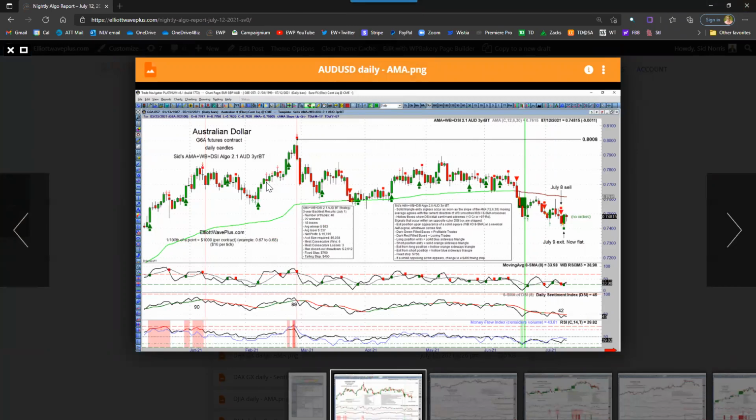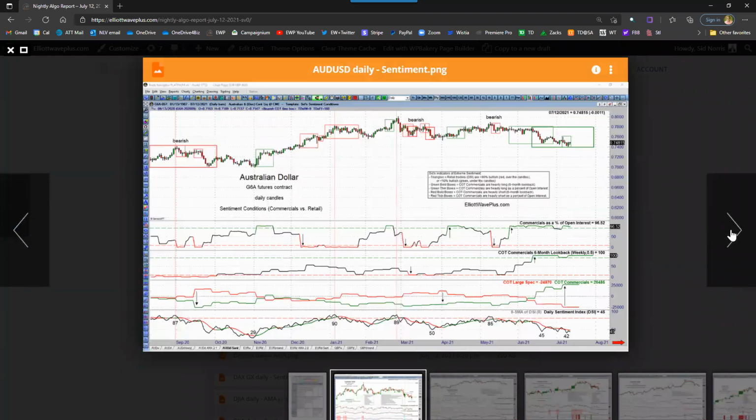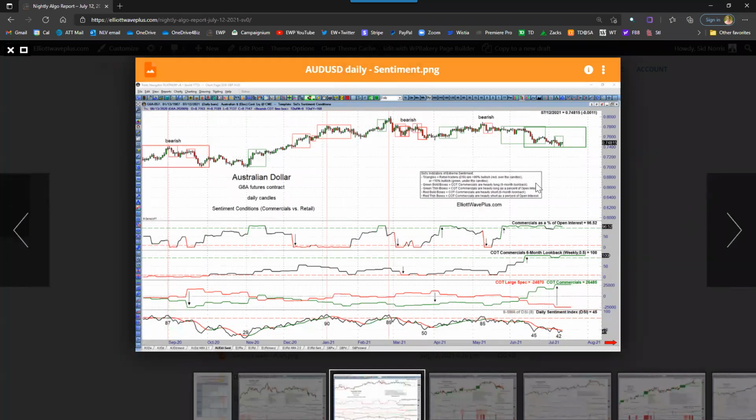And they also get a screenshot of the algo. And also the current positioning, commercials positioning on sentiment, which is especially important on commodities, and what the current retail positioning is, and the spread between the large specs and the commercials.